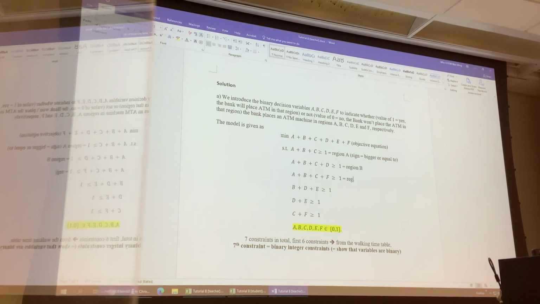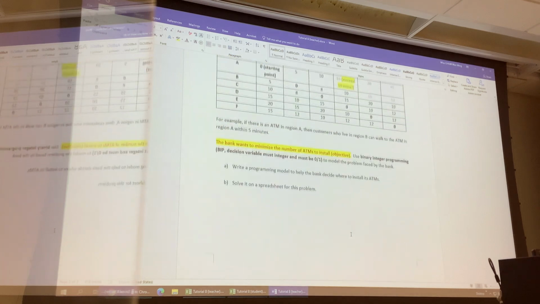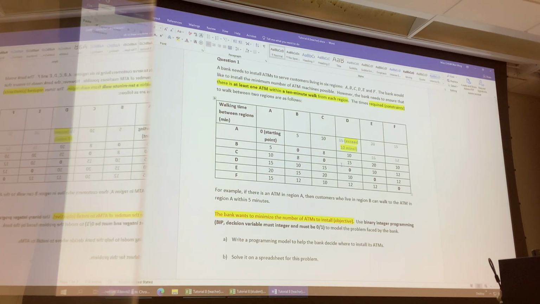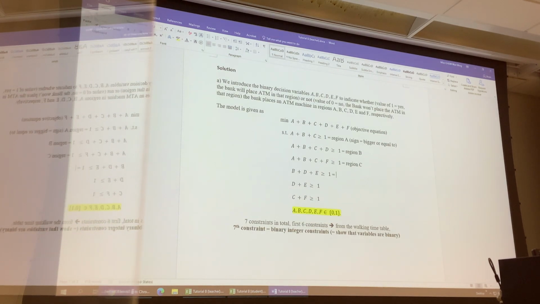So simply we can delete the region that is exceeds 10 minutes. Okay, and then for region C, that is A, B, C, and F. Omit D and E, the region D and E. For region D, you can omit the corresponding region and then form the constraint equation by yourself, okay?